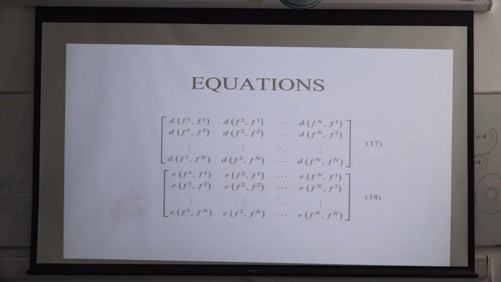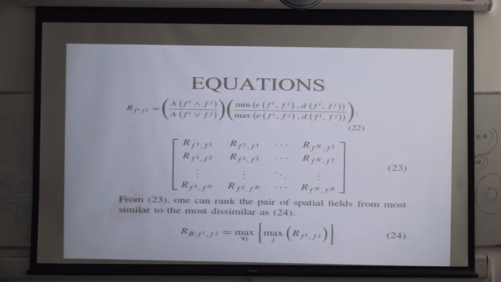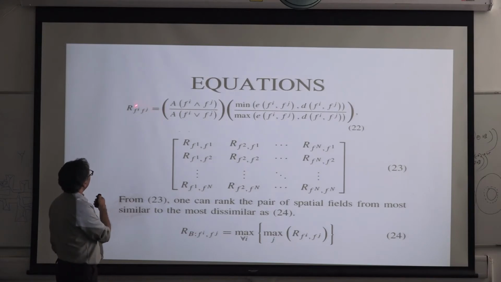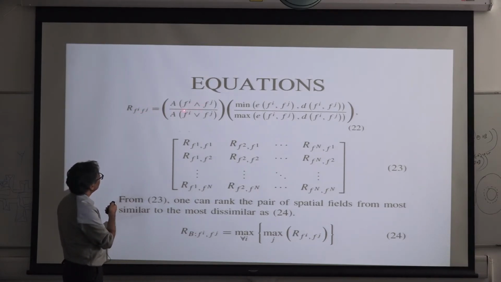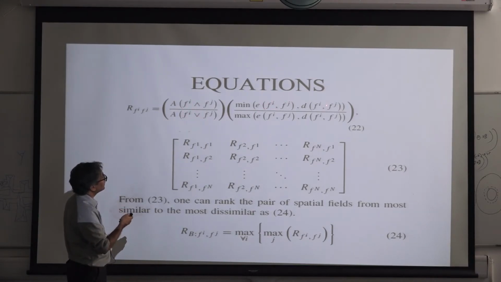and target, and distance interaction matrix between source and target, erosion distance interaction matrix. And finally, using those parameters, you can compute the rank for every possible pair, Fi and Fj, and this ratio, area of infima and area of suprema, and the minimum of erosion dilation distance and maximum of erosion dilation distance.